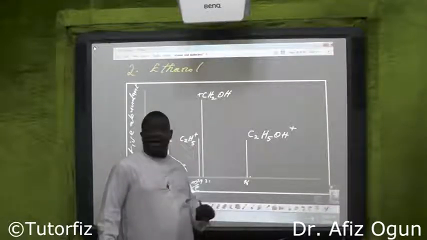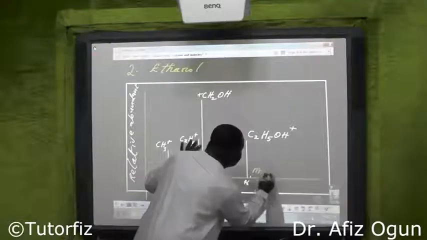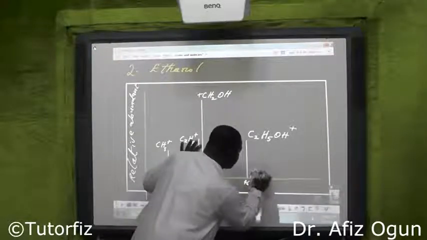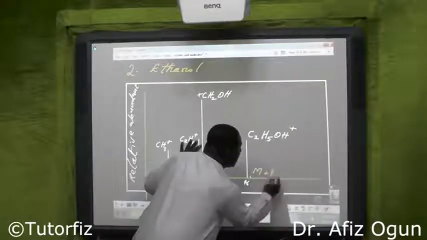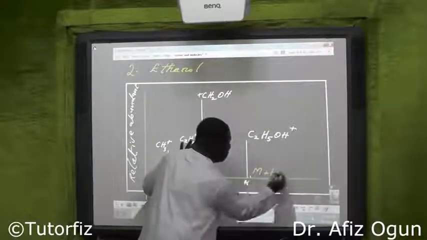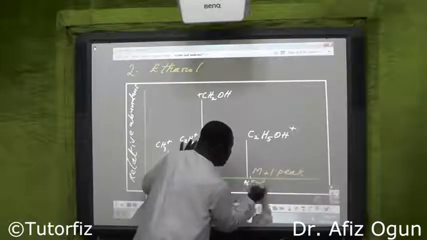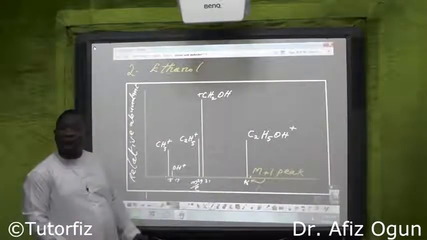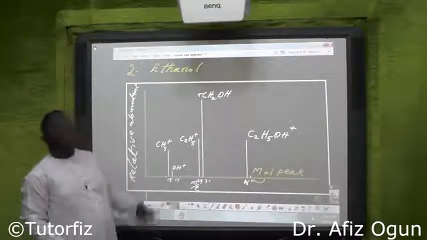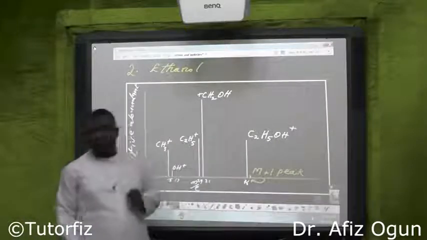That small peak is called the M+1 peak. Why +1? Because we calculated everything here. The maximum we have is 46.